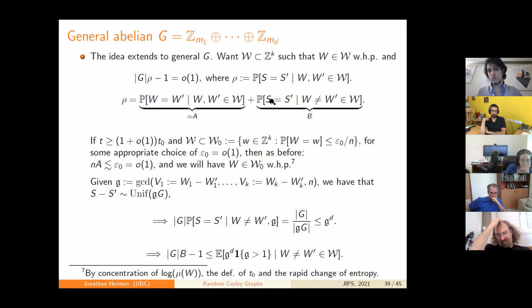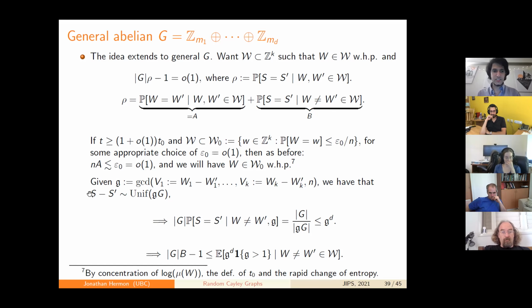And then we need to control the probability that S is equal to S prime when we also have the conditioning that W is not equal to W prime. And here something interesting is going on. I'm not going to go through the proof with you, but the thing we're averaging over is the GCD of this vector Wi minus Wi prime running over all i in n.